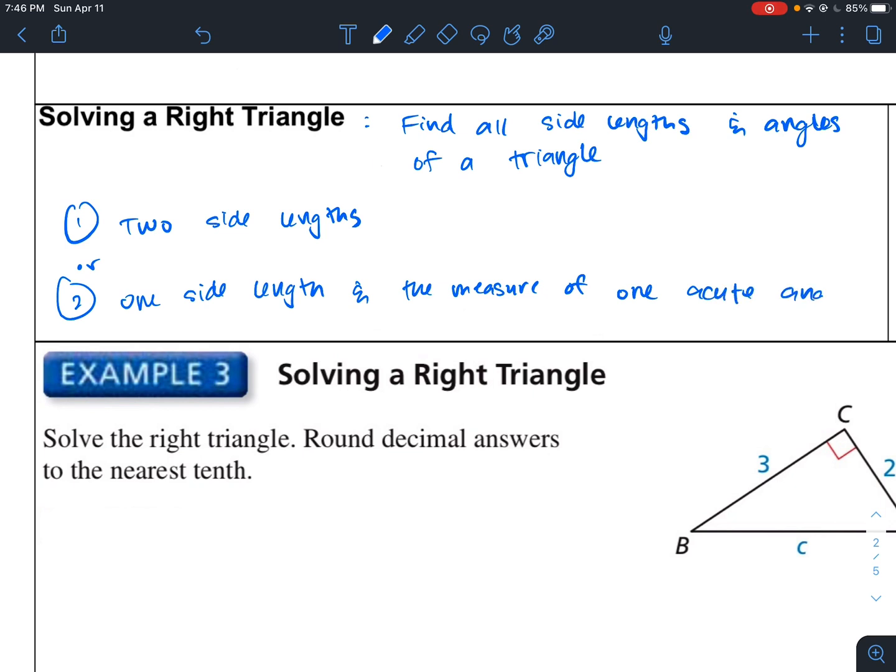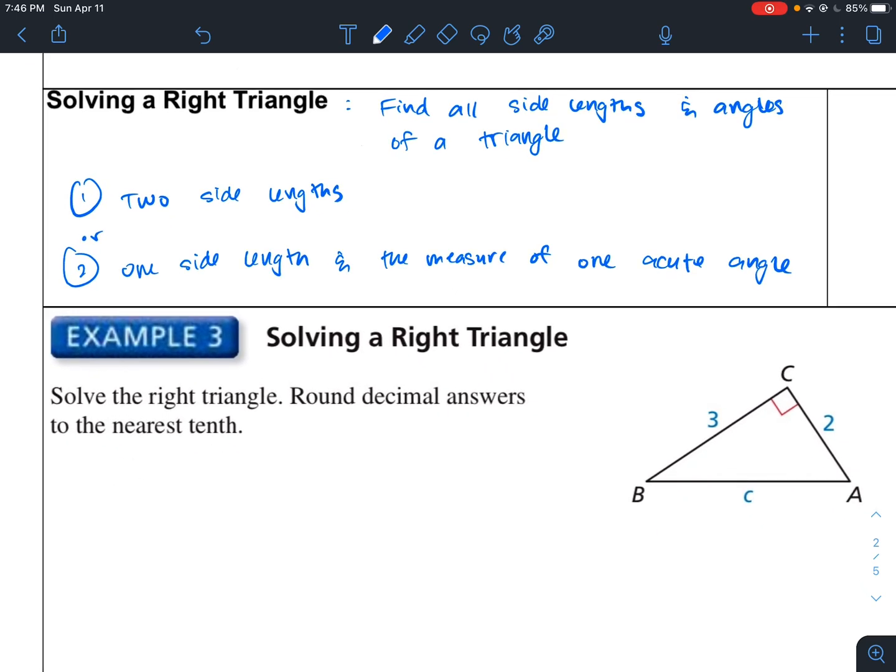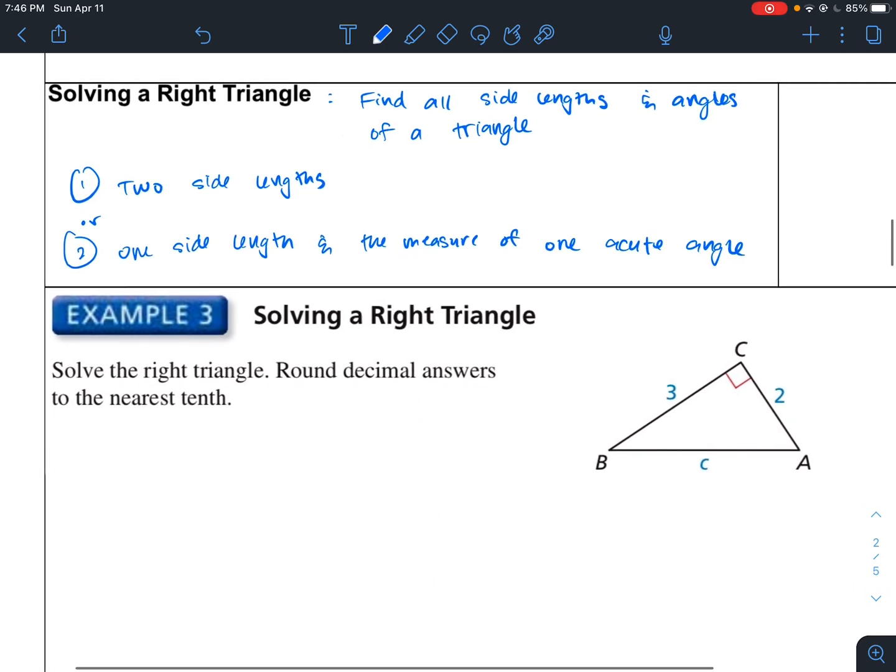Okay, so essentially if you're going to solve for a right triangle, you need to have some information already given to you. So that's either going to be 2 side lengths or 1 side length and a measure of an acute angle.